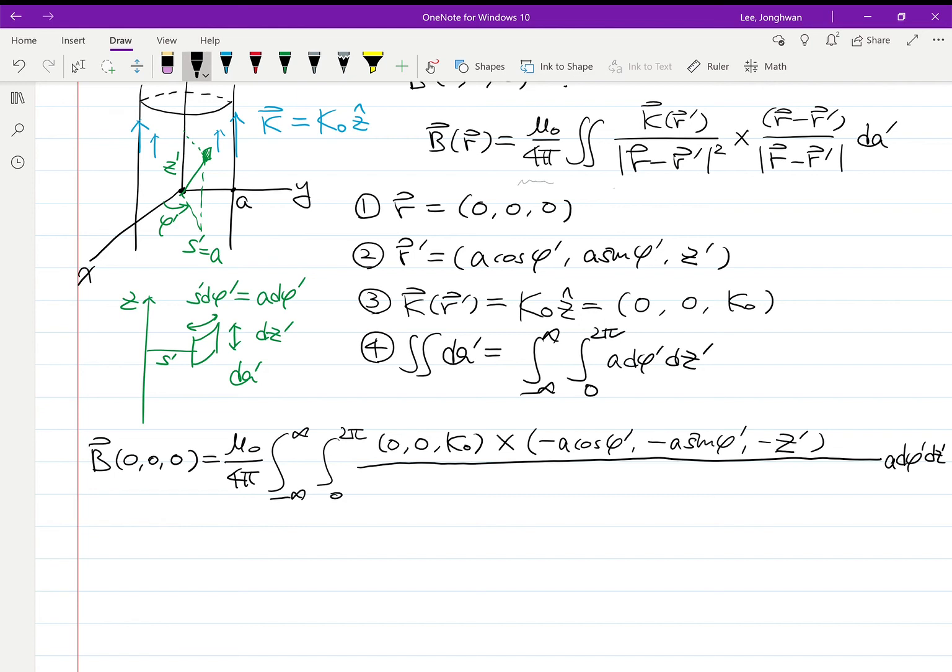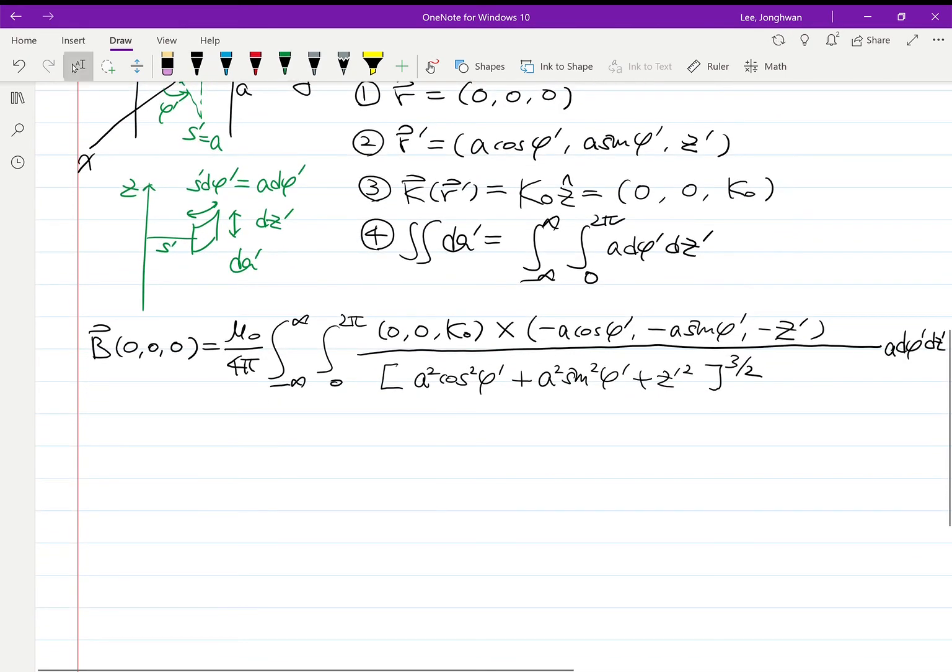And then the denominator is r minus r prime magnitude cubed. So it will become this. So we can do this math.